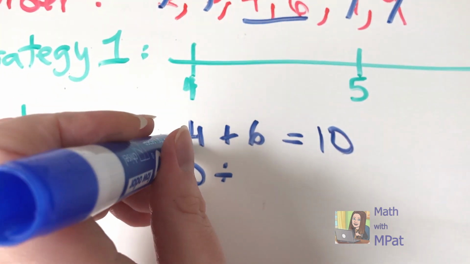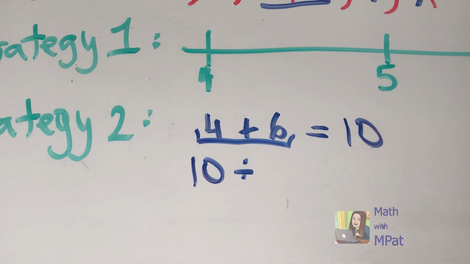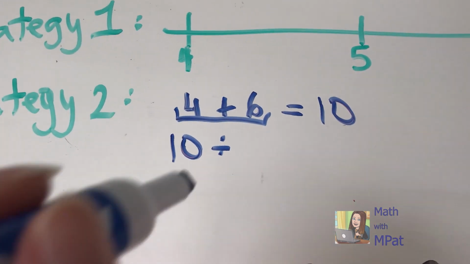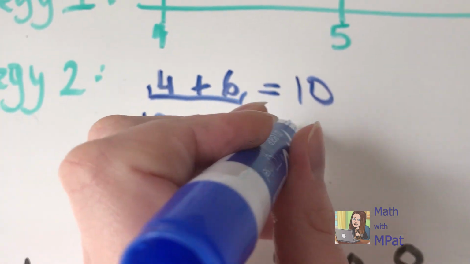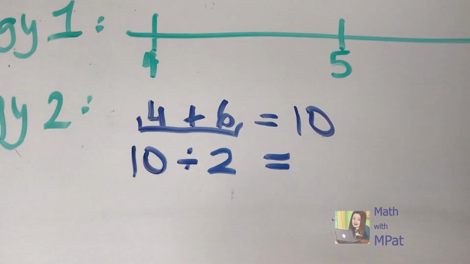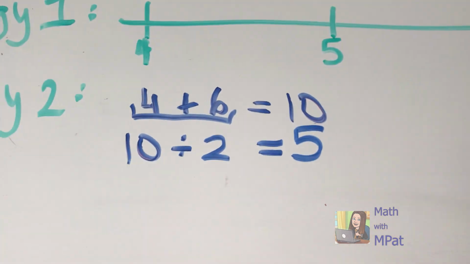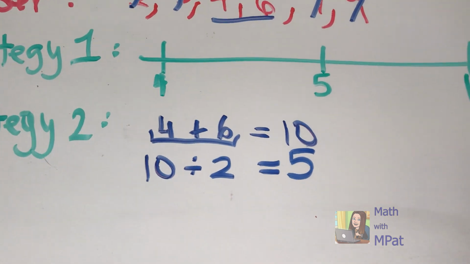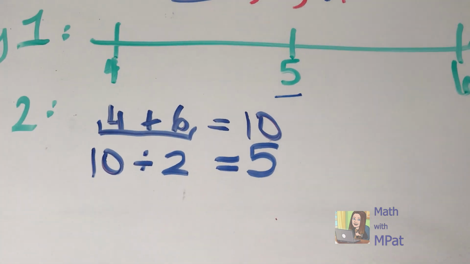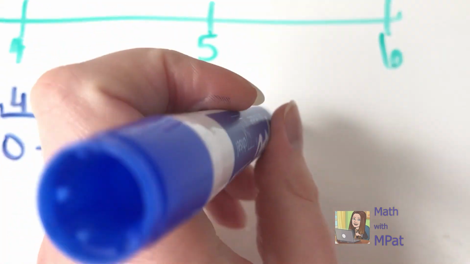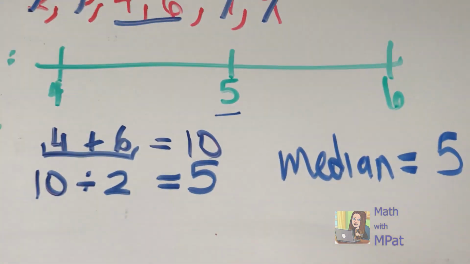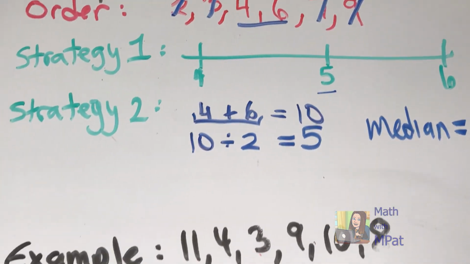So we're going to divide it by how many numbers we used. Well, I used 4 and 6, that's 2 numbers. 10 divided by 2, you can draw it out, decompose it, whatever you'd like, equals 5. So this 5 matches my number line 5. So I think I have correctly found the median. Median equals 5.